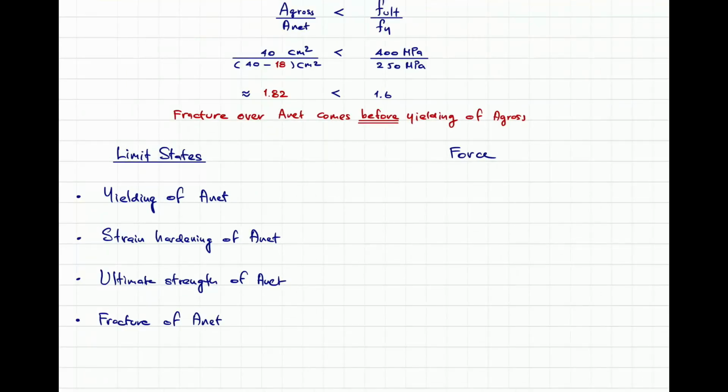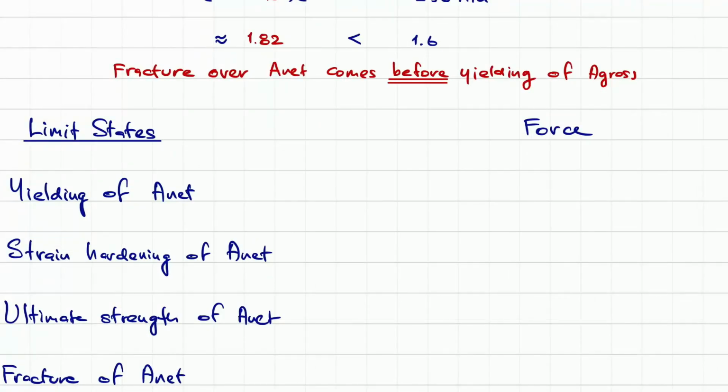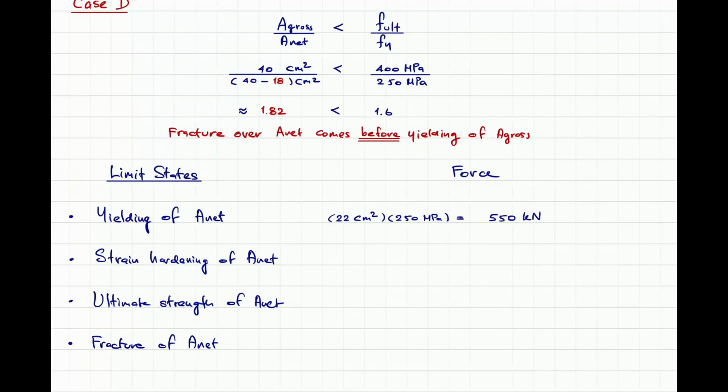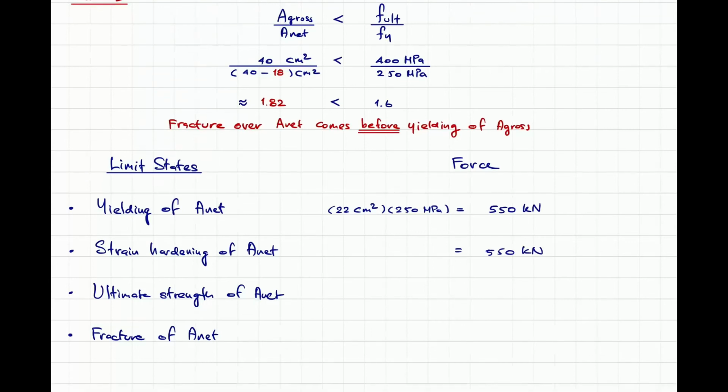So yielding, 40 minus 18, what is it? 22 square centimeters. Multiply by 250 MPa, and that is 550 kilonewton. Likewise, for strain hardening, it is 550 kilonewton.